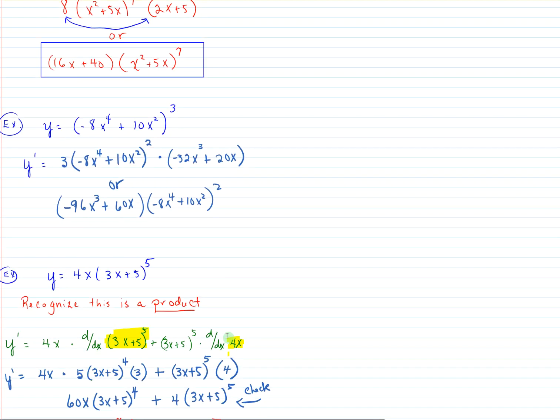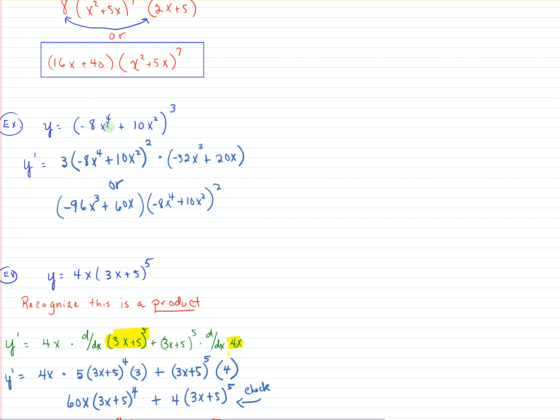Here's another example. Y equals negative 8x to the 4th plus 10x squared, all of that to the 3rd. So y prime, your exponent comes here, 3 times that, you drop one level down on your exponent, times the derivative of this.